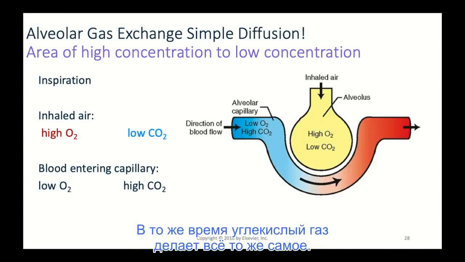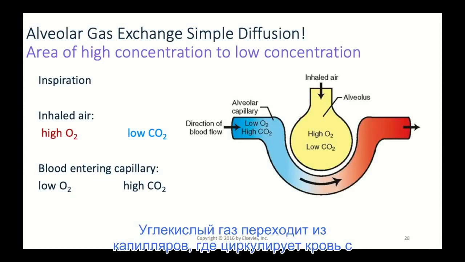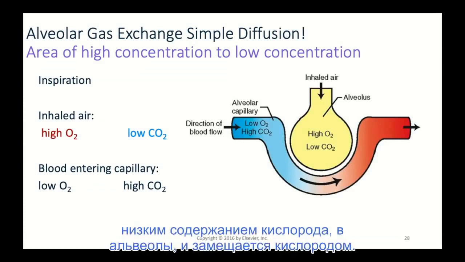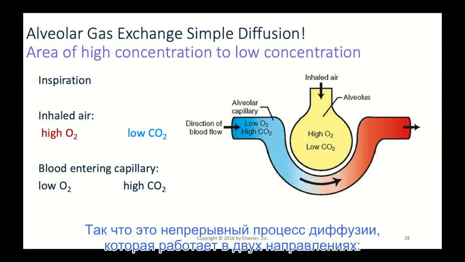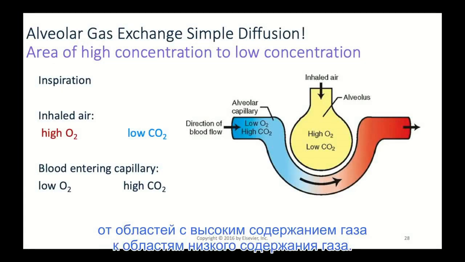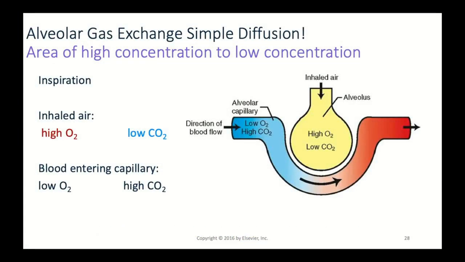At the same time, the carbon dioxide is doing the exact same thing. The carbon dioxide is diffusing from the capillaries, where it's picked up that deoxygenated blood, into the alveoli and taking its oxygen. So it's that continuous passing back and forth of diffusion from areas of high concentration to areas of low concentration.